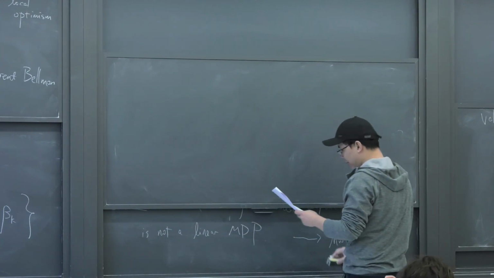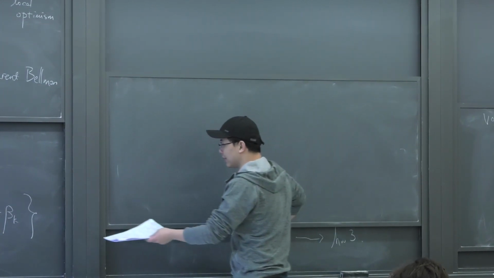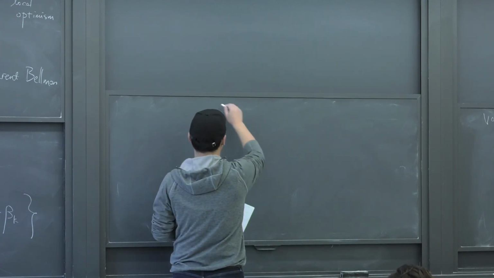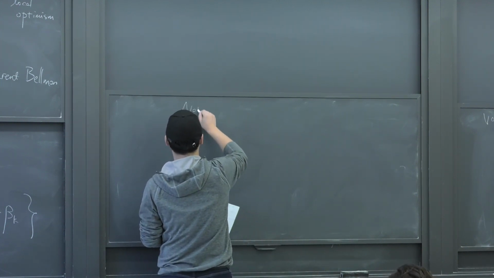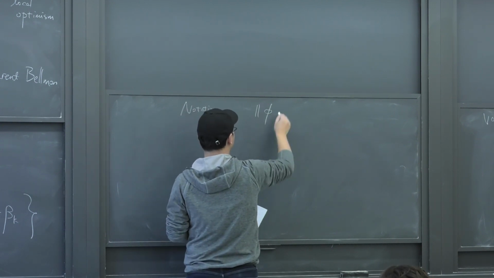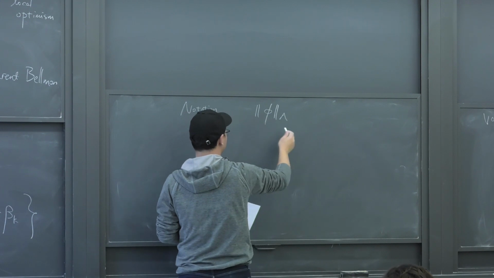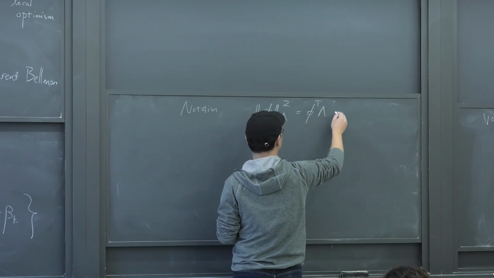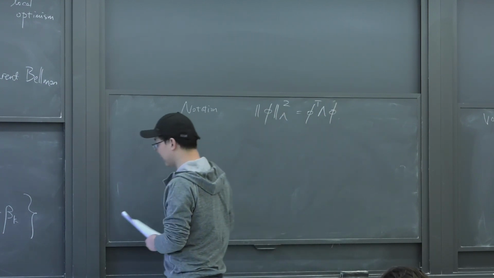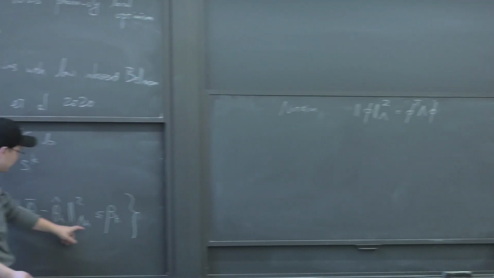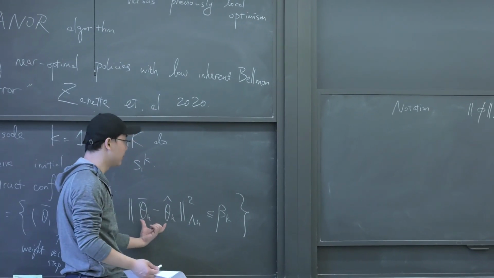Here we need to introduce a bit about what this norm is and what this theta hat is. The notation here is, for any vector phi, the norm squared with respect to Lambda means phi transpose Lambda phi. This is how we define it: we have this vector, transpose, with this matrix Lambda_h and times this vector.